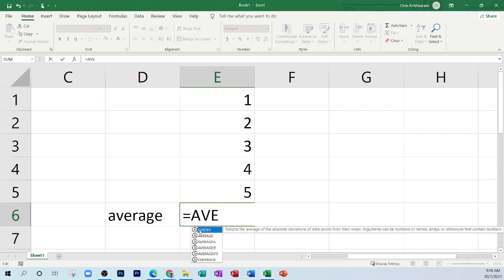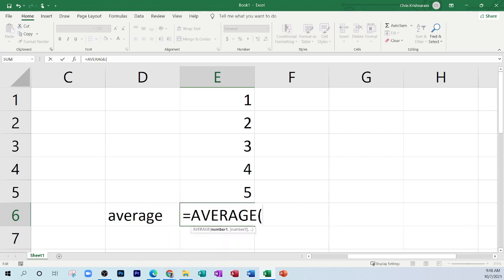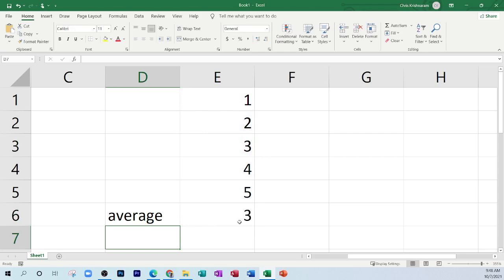So if you notice, this first one here is highlighted. So if I press tab, that is what will appear. So it's just a faster method of completing the function and adding your bracket. So average open bracket, and we put in our range of cells, and we close our bracket, and we have our calculation there.